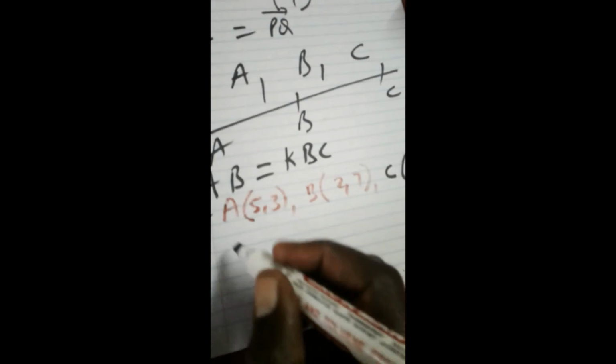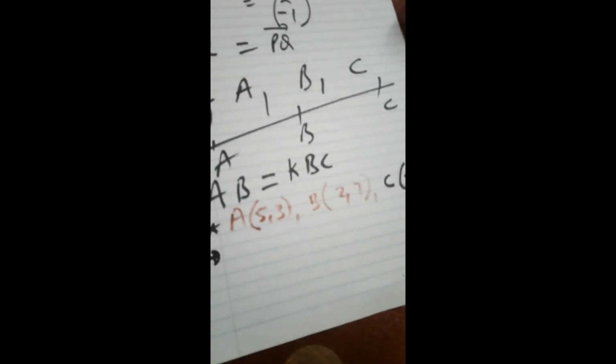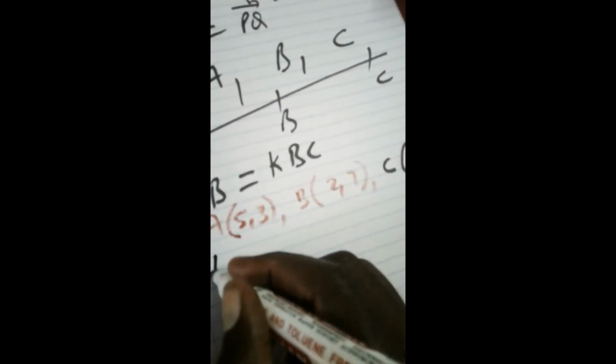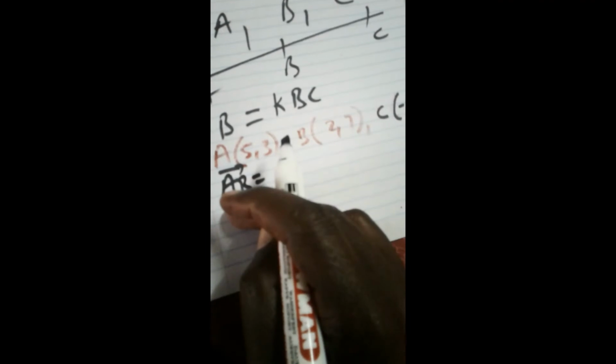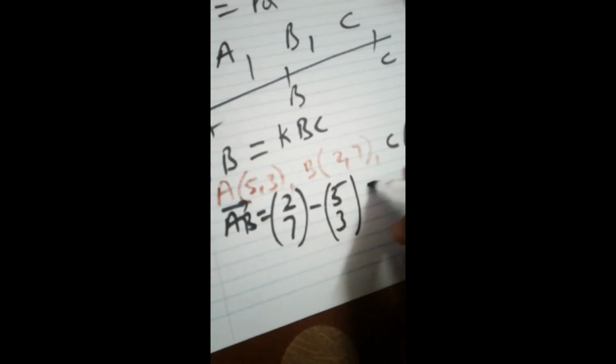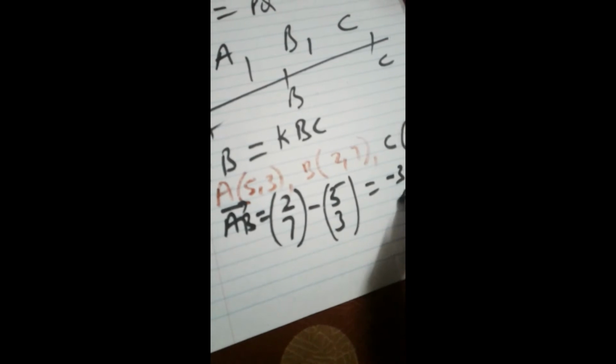It will mean that as part of the solutions, you can have AB, which is B minus A. Don't confuse vectors with matrices, please. AB is B, 2, 7 minus 5, 3, which is negative 3, 4.